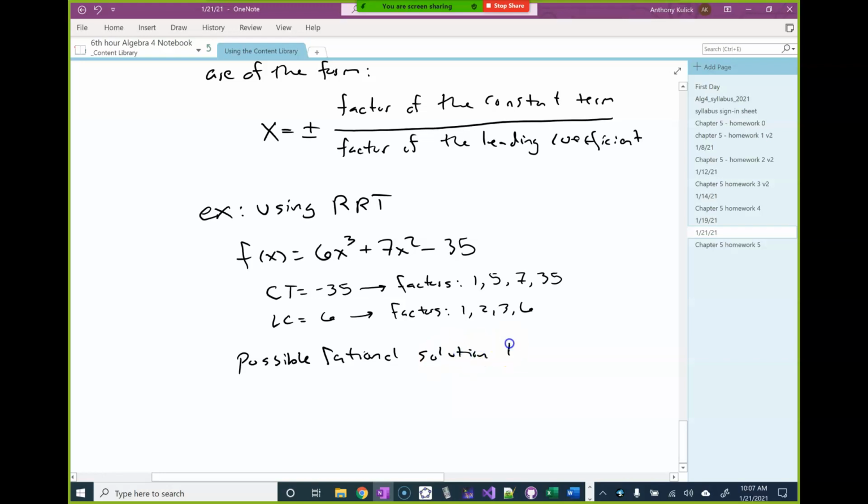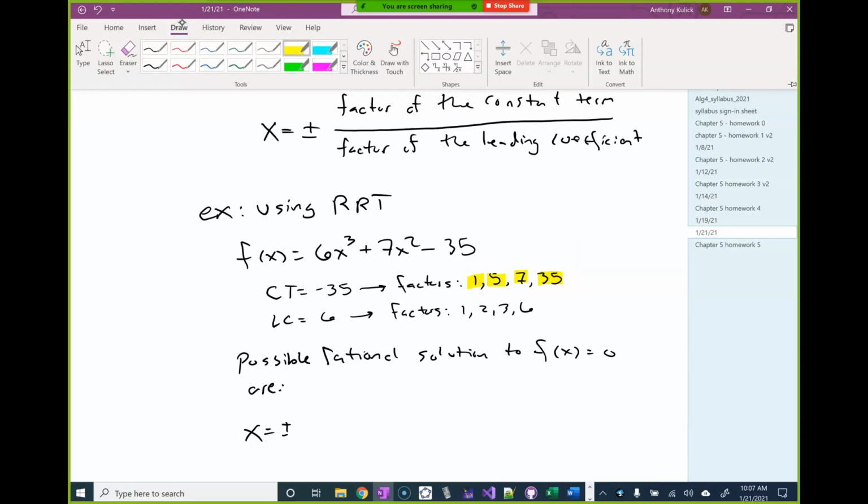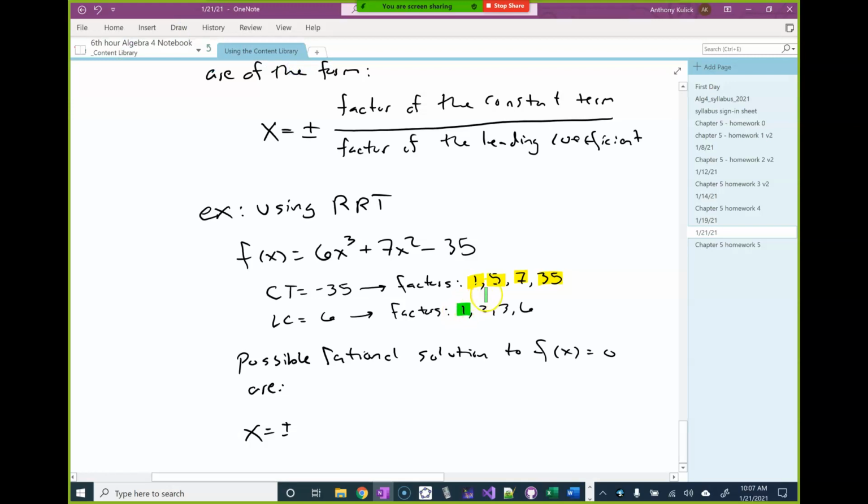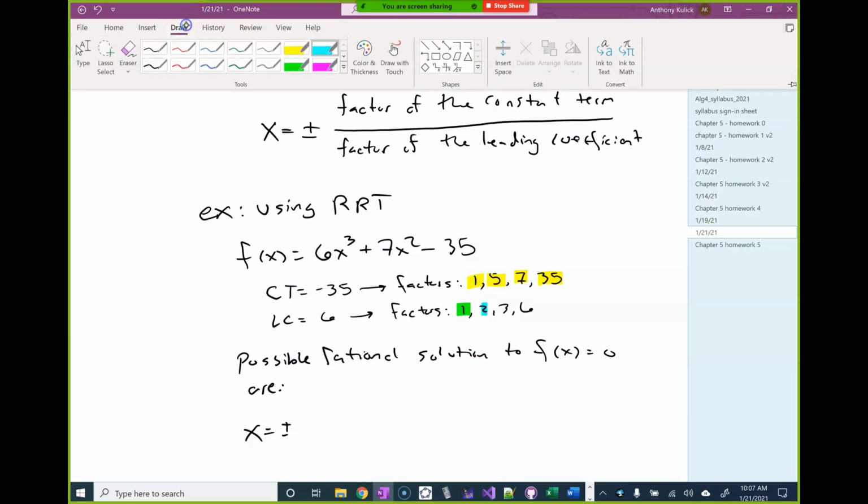Let's write this down now, and then we'll color code afterwards. 3 and 6. So I have my factors of the constant term over the first factor of 6.